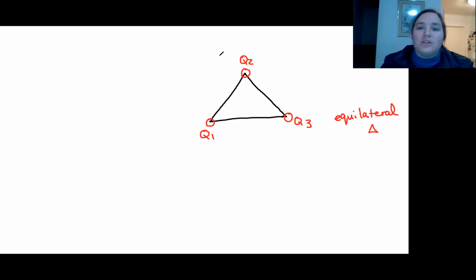The other thing that I'm going to throw in here to make this a little bit easier is that this bottom line between Q1 and Q2 is a horizontal. I'm not going to give you the values. I could choose any values I like, but I'm just going to randomly pick them. So this is plus 3 millicoulombs, this is negative 6 millicoulombs, and this is plus 4 millicoulombs.